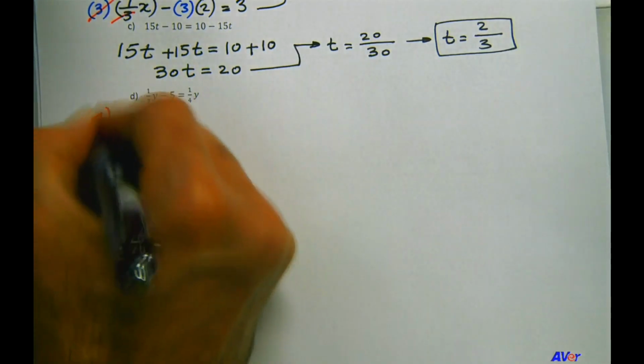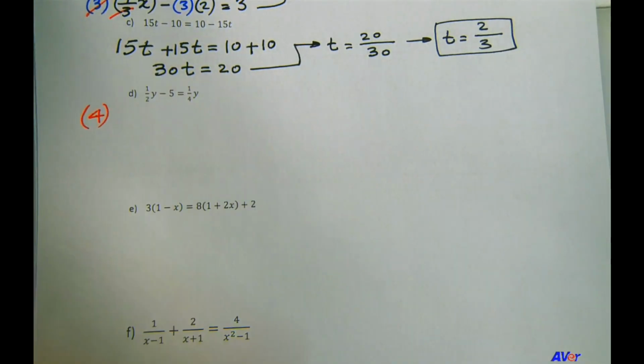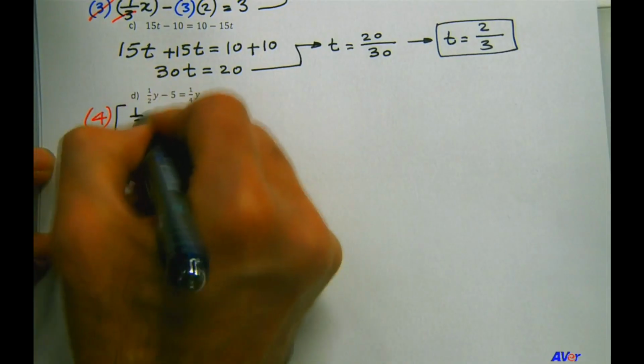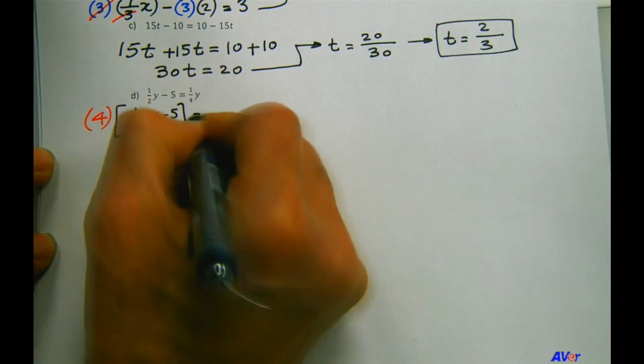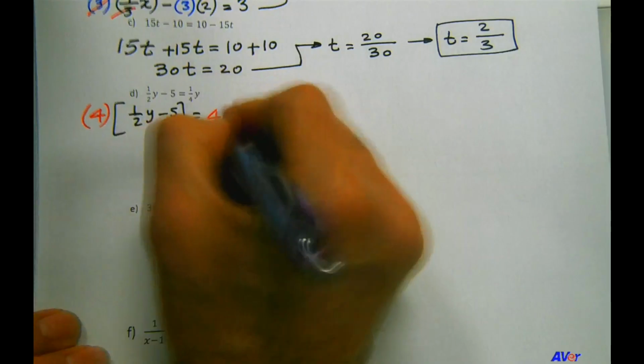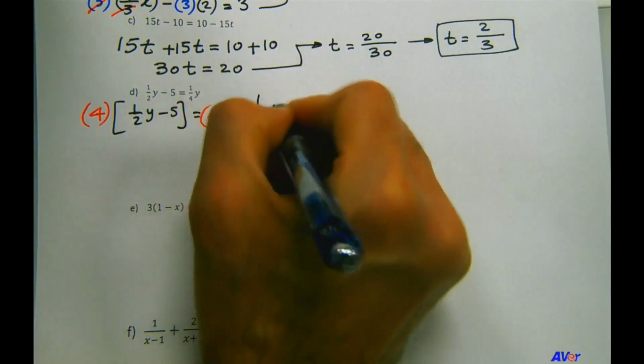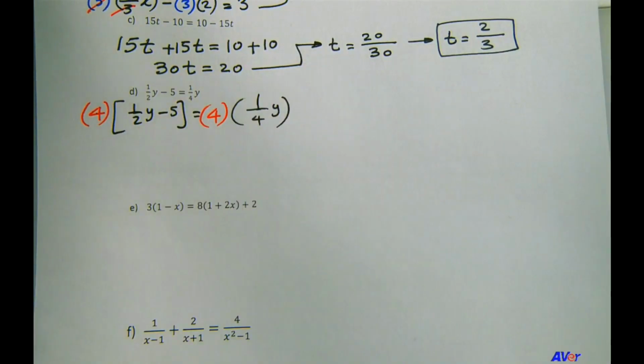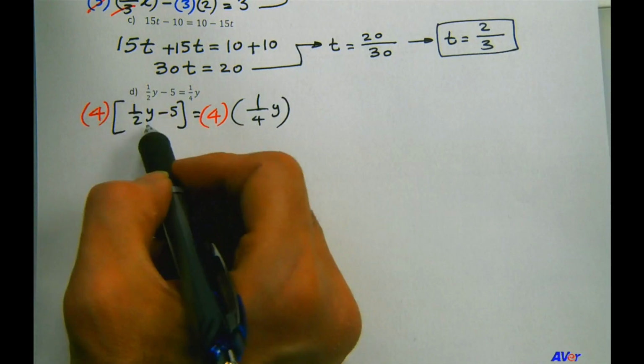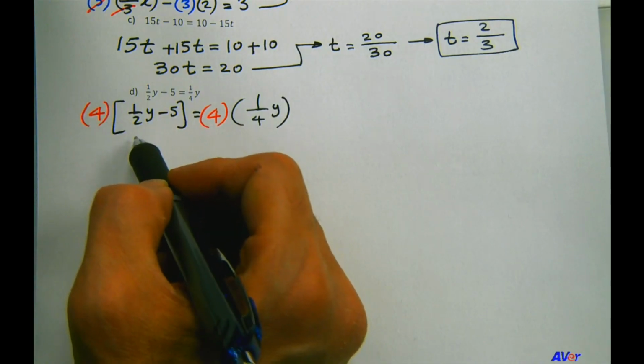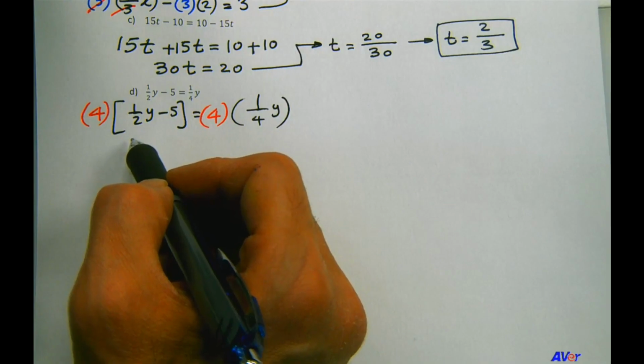So 4 times 1/2 y minus 5 equals 4 times 1/4 y, right? So what I'm asking you guys to do is don't distribute and simplify at the same time. I've seen it generate many, many errors in your calculations.